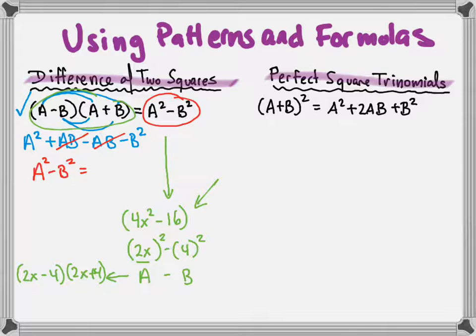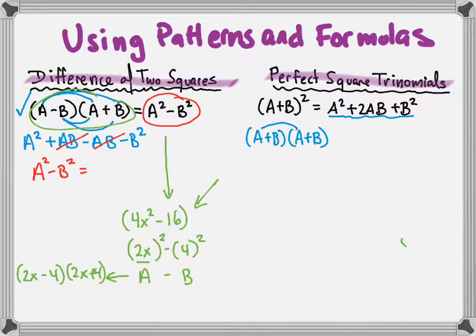And likewise, we saw perfect square trinomials. And to show that these guys are equal to one another, we could expand a plus b squared into a plus b times a plus b, and show that it's equal to that right there.